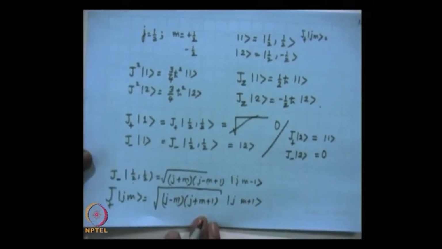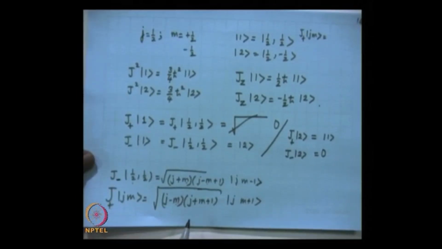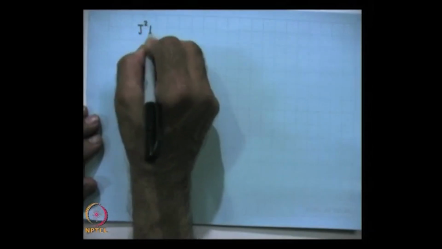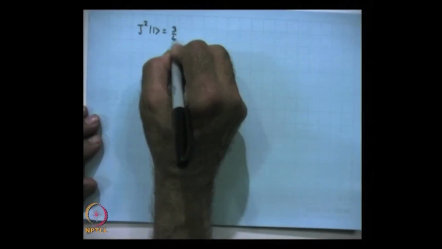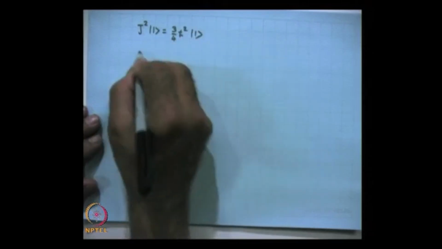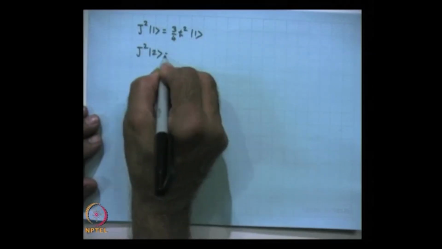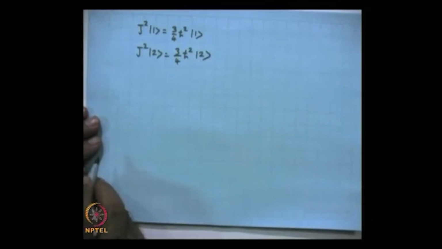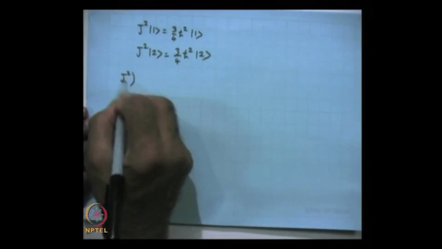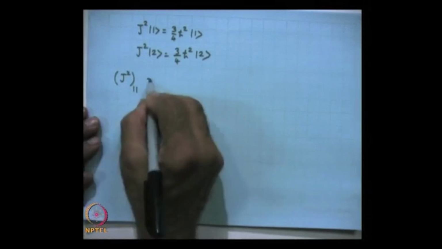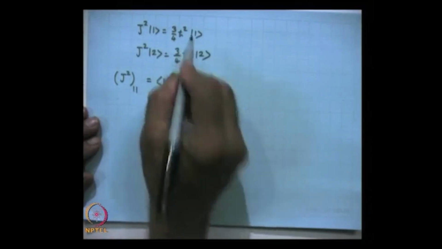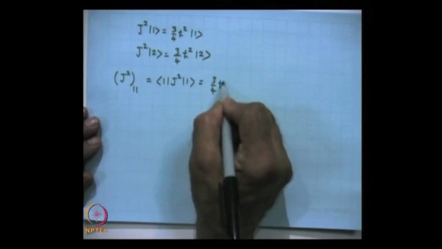So, we have all the relations now and we can now write down the matrices. First, let me write down for J square. First we wrote down J square ket 1 is equal to 3 by 4 h cross square ket 1, J square ket 2 is equal to 3 by 4 h cross square ket 2. So, J square, there will be 4 elements. 1 1, that is bra 1 J square ket 1, so this will be equal to 3 by 4 h cross square.